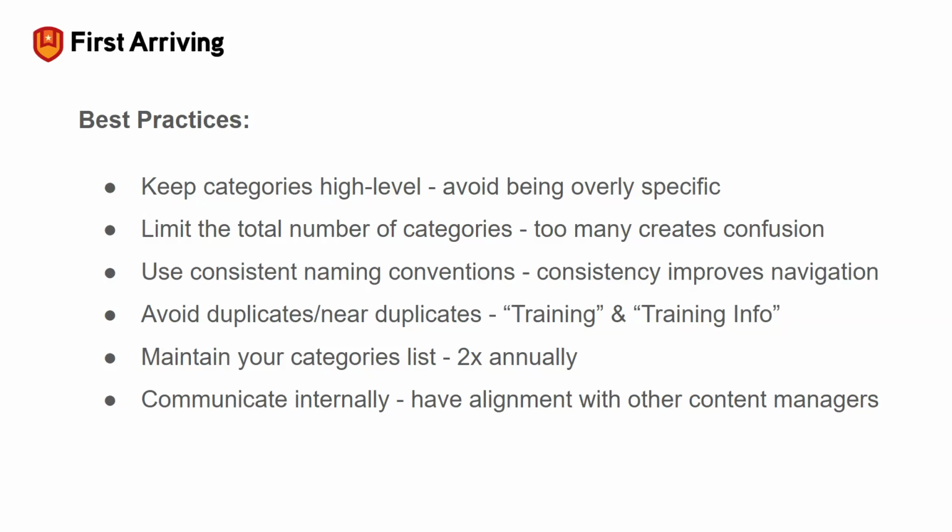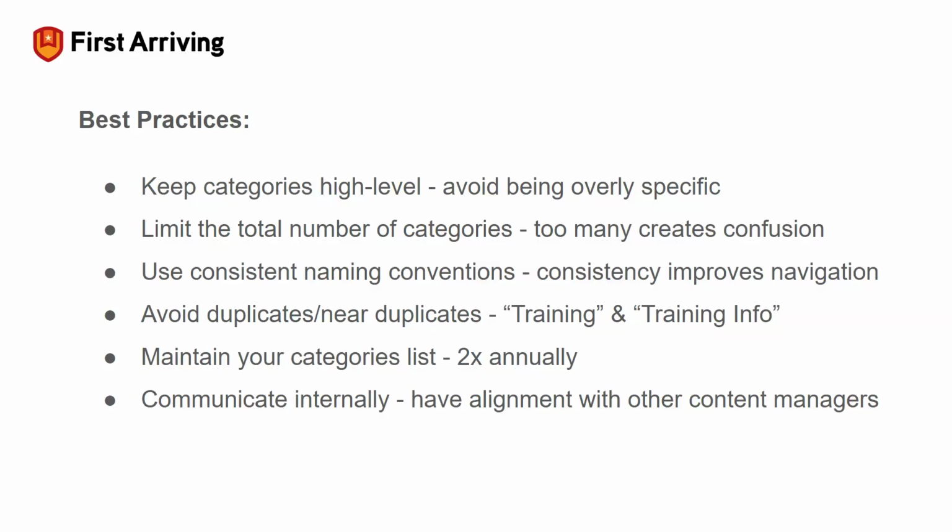For example, don't have training and training info as categories. Pick one label and standardize upon that. So training would have training info, it would have training schedule, it would have training compliance. Anything related to training would fall under training. So again, keep it high level and well organized.